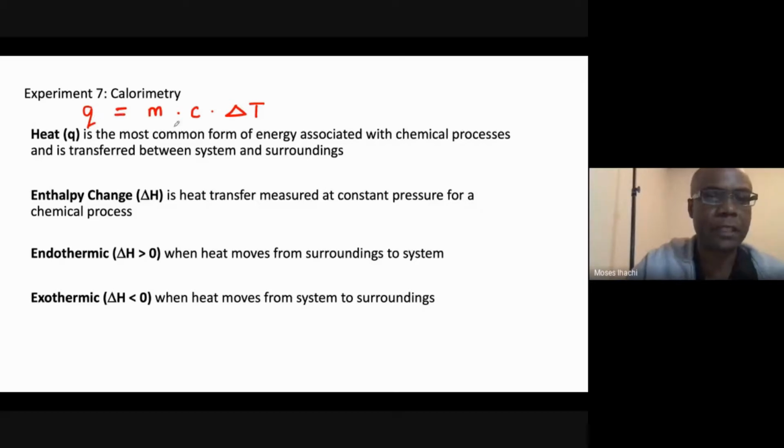Later in the coming slide, we'll define that formula, but for now, just know that Q is the heat energy. Using Q, we're going to find the enthalpy change. In this case, because it's a neutralization reaction, the end goal of the experiment in your calculations will be to find the enthalpy change of neutralization.